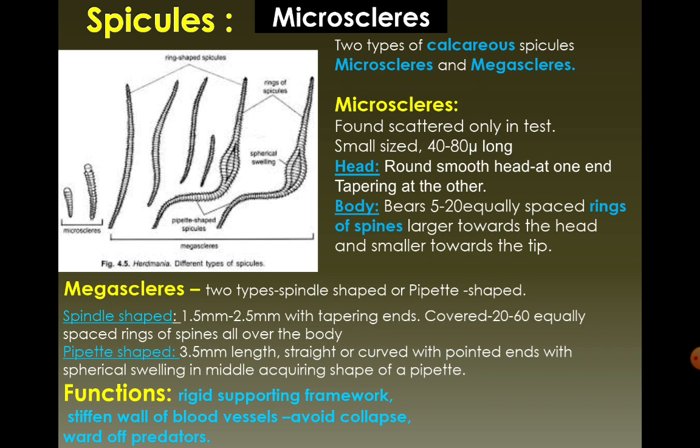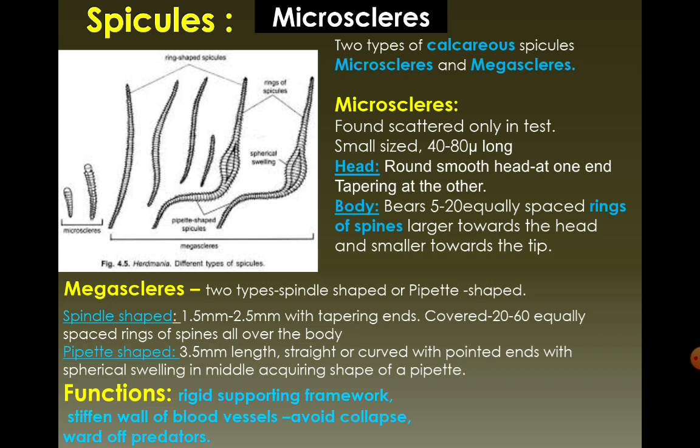You may also get a 3-mark question wherein they can ask you to just sketch a neat labeled diagram of Herdmania. For 3 marks, you are supposed to write only a neat labeled diagram and no description is required.